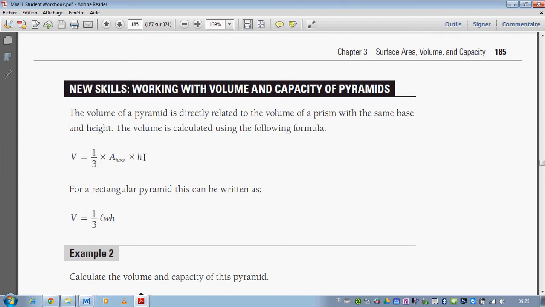So that is the formula for the volume of a pyramid, as well as cones. The area of the base times the height of the pyramid or the cone, and then divided by 3.